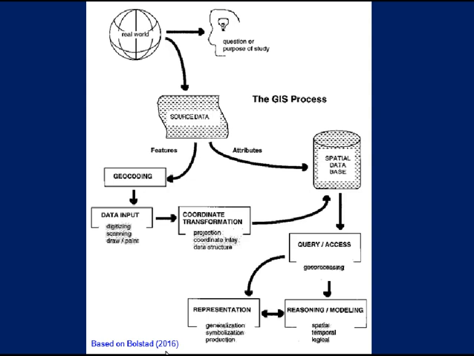Then once we have that, we'll look at coordinate transformations, making sure that our coordinates are the same in all the layers we want to use in our analysis. And then we'll project the coordinate system we have onto a map.